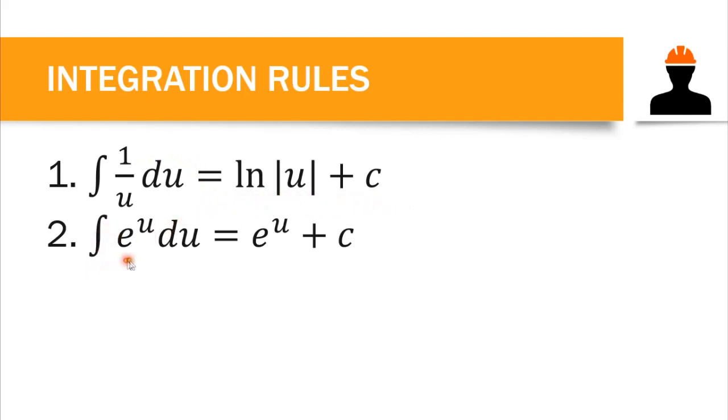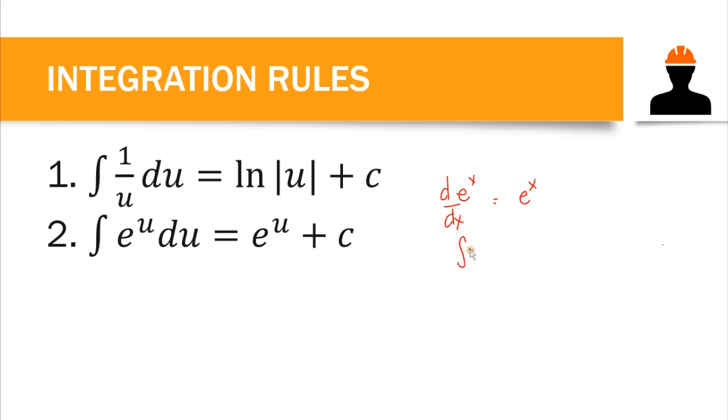Now, for the integration of the exponential e raised to u du, that equals e^u plus c. So it is the same as with differentiation. If you differentiate e^u, that would bring us to e^u itself. If we differentiate e raised to x with respect to x, that would give us e raised to x, tama?